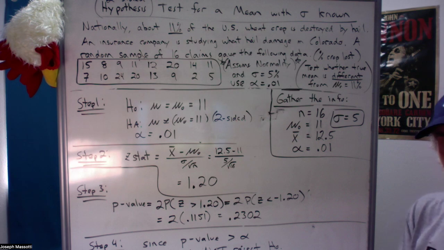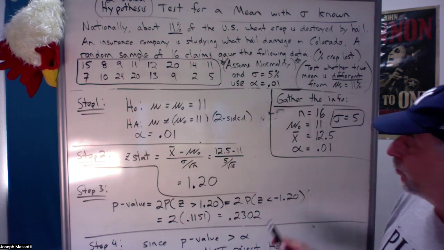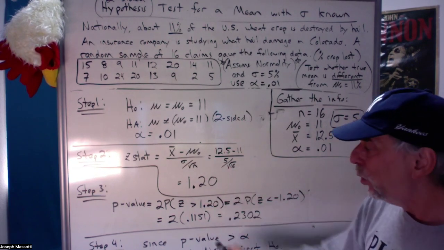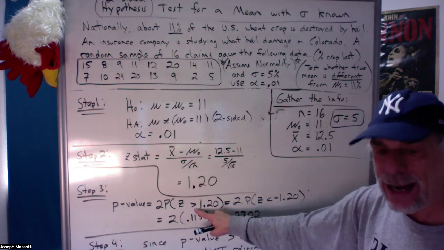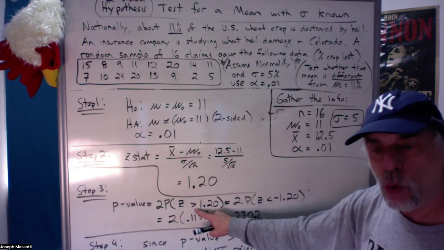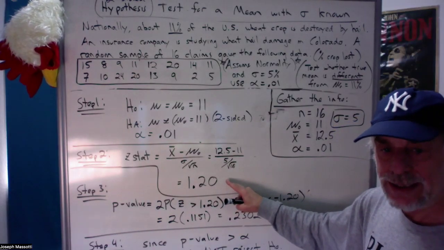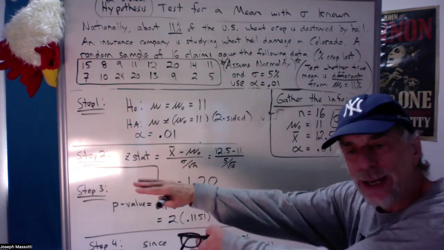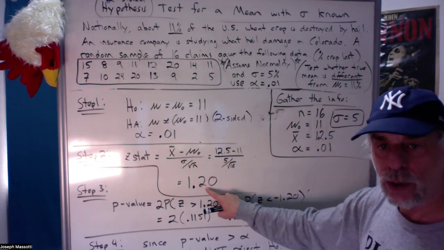Well, now this is where the two-sided alternative affects us. Because we don't know what side of the distribution we're looking at, we double the probability of finding something as extreme or more extreme than what we found in step 2. Since step 2 gave us a positive z-value, we're looking on the right-hand side, further to the right of 1.2.